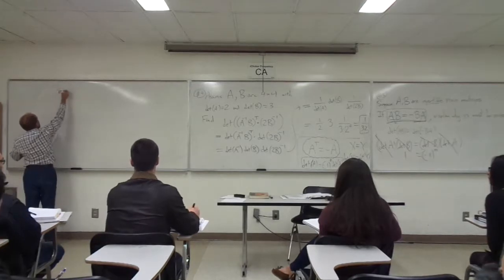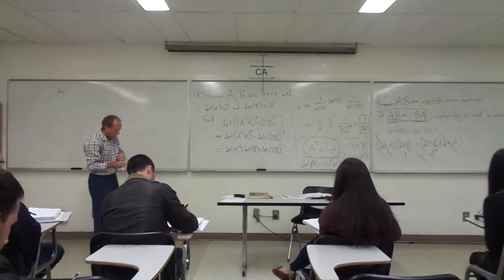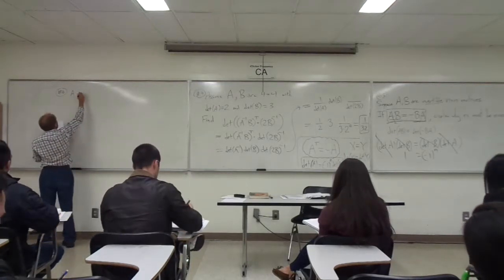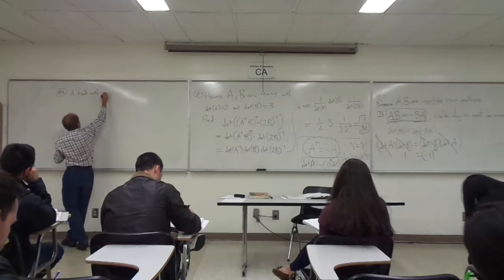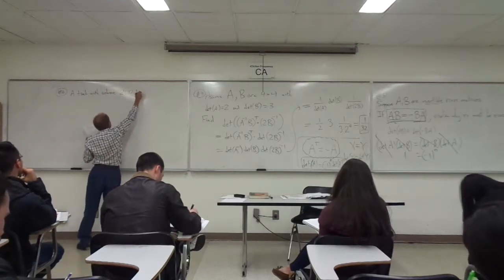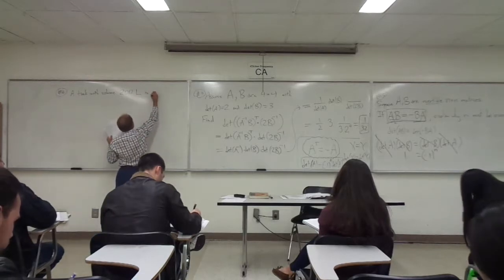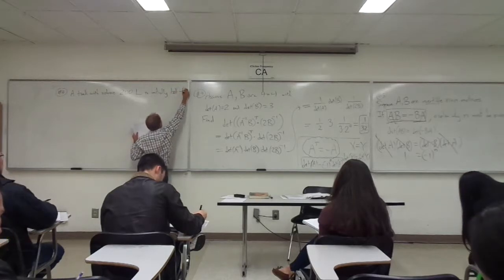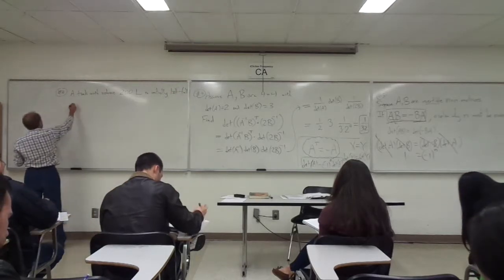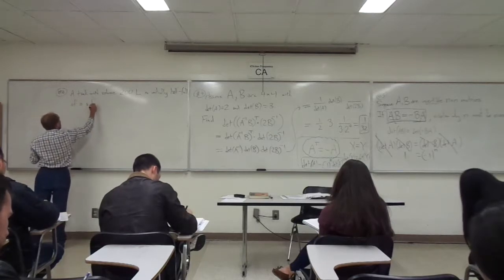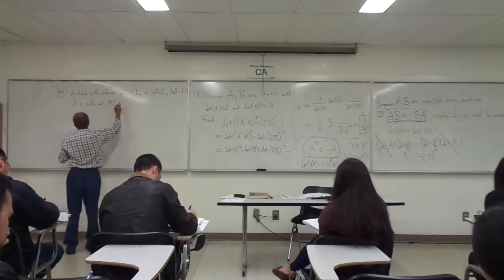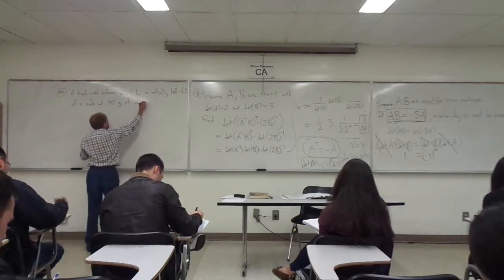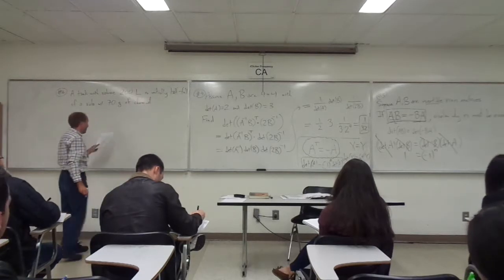This is number 6. Just going to start with a word problem here, okay? So a tank with volume 200 liters is initially half full of a solution with 70 grams of chemical. Okay?